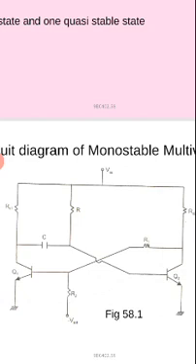Let us study circuit details. This is the circuit diagram of monostable multivibrator. The circuit has two transistors, Q1 and Q2.